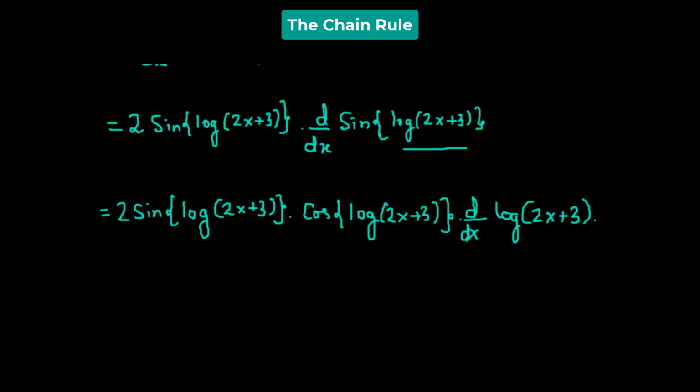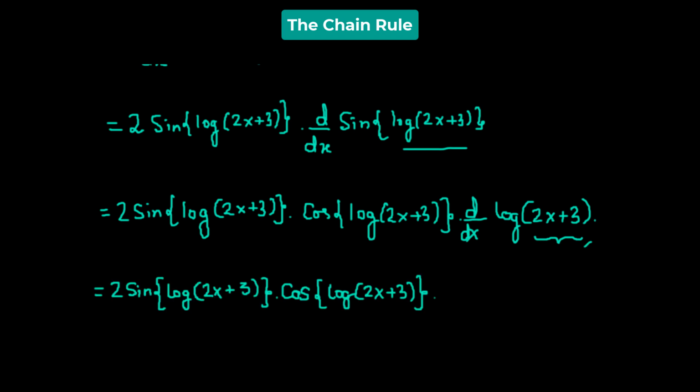Now we are going to apply the derivative to the logarithmic function by assuming that 2x plus 3 is equivalent to x. So the derivative of the logarithmic function is 1 over 2x plus 3, and this will be multiplied to the derivative of 2x plus 3.